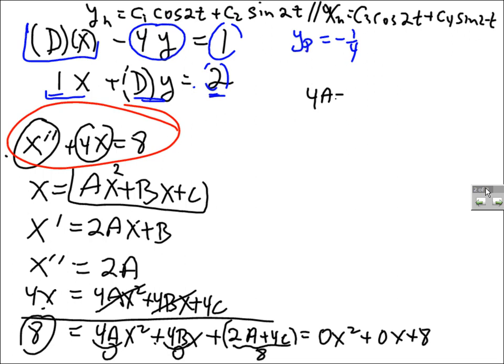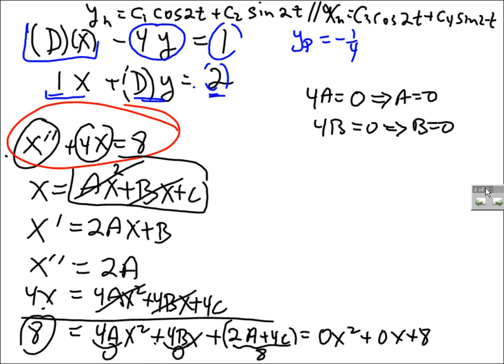Well, if 4a is 0, that means a is 0. If 4b is 0, that means b is 0. So those terms aren't really there for x. And I have that 2a plus 4c is 8. But a is 0, so 2 times a is 0.